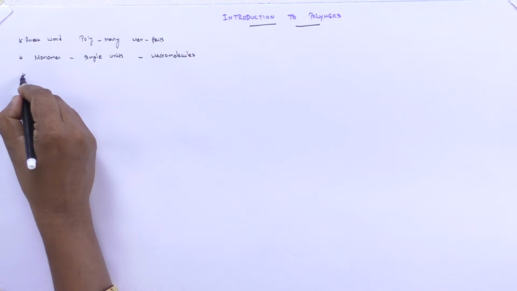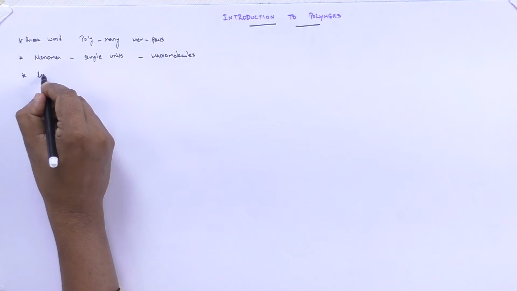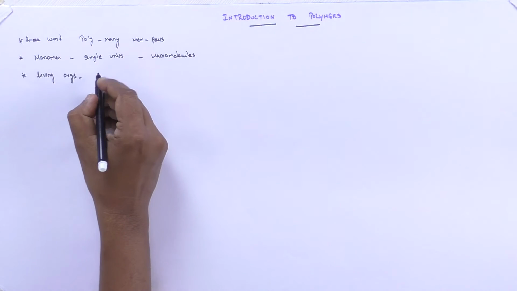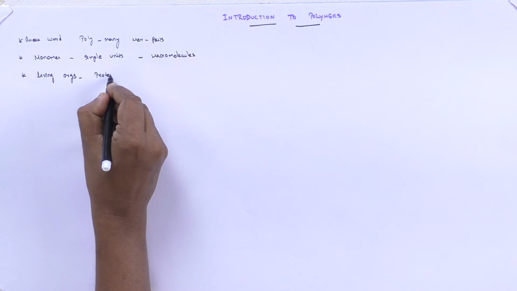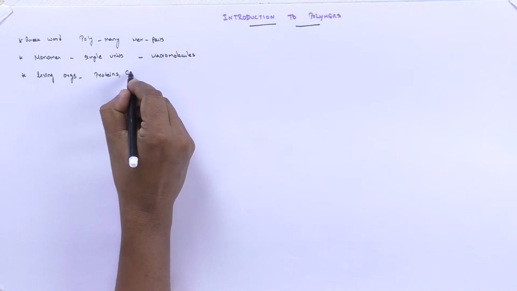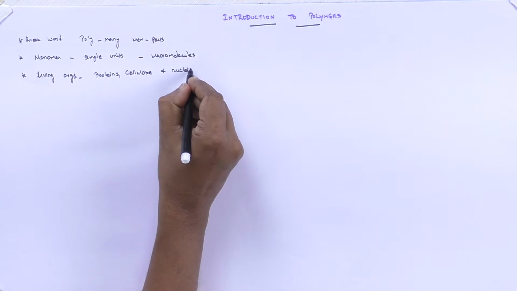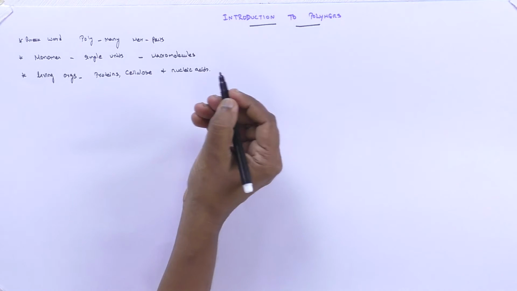Polymers make up many living matter. In living organisms, they form proteins, cellulose, and nucleic acids.